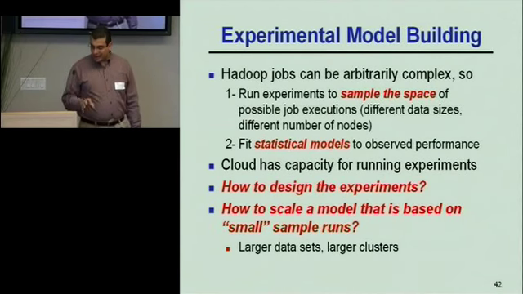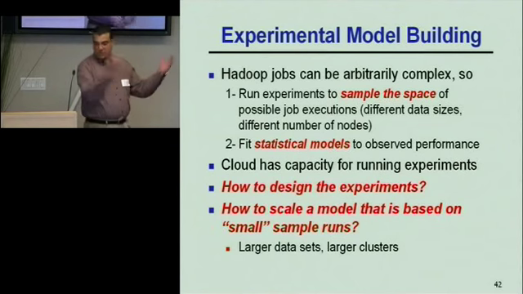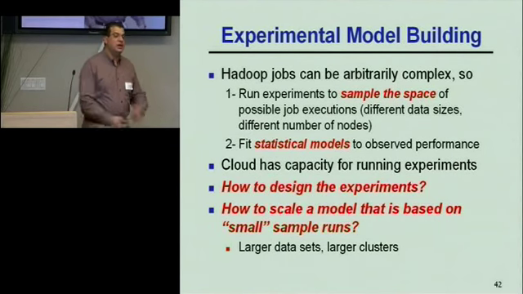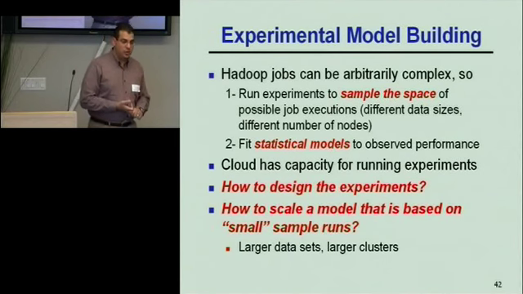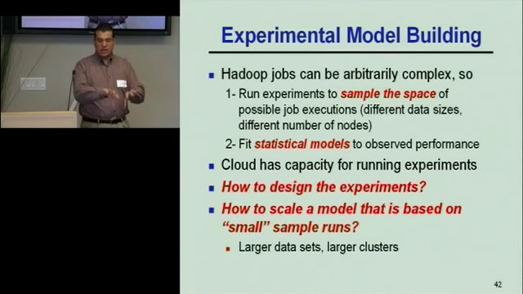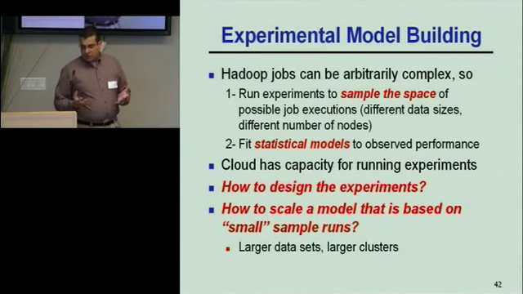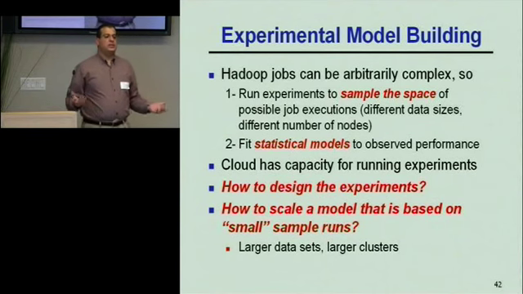Okay, run experiments to sample the space of possible job executions, the performance as a function of different parameters, such as different data sizes, different number of nodes, different data distributions, if you will, and then fit a statistical model to observe performance. And one question that arises is, where do I run these experiments?